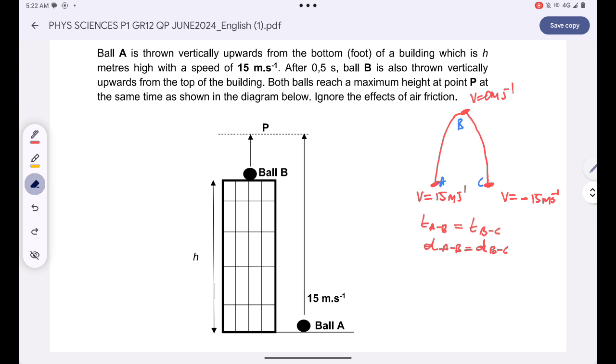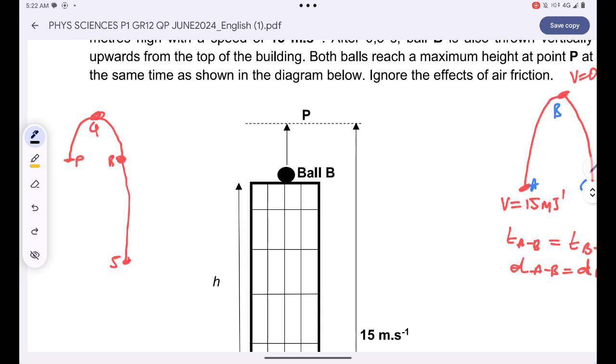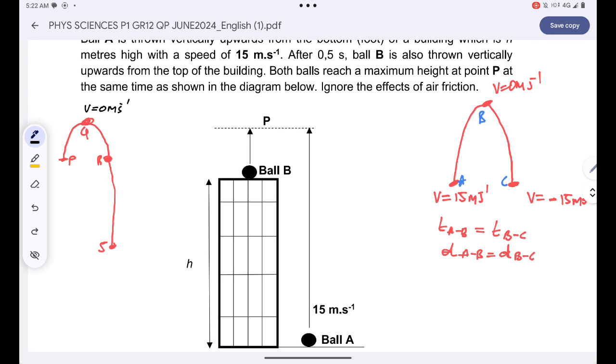Okay, now let's focus on the motion of ball B. Ball B is thrown from a certain height. It goes to maximum height. It passes the point of projection and then reaches the ground. So we can call these positions P, Q, R, and S. All we know is that at position Q, the velocity of the ball will be 0 meters per second, because Q is the maximum height.